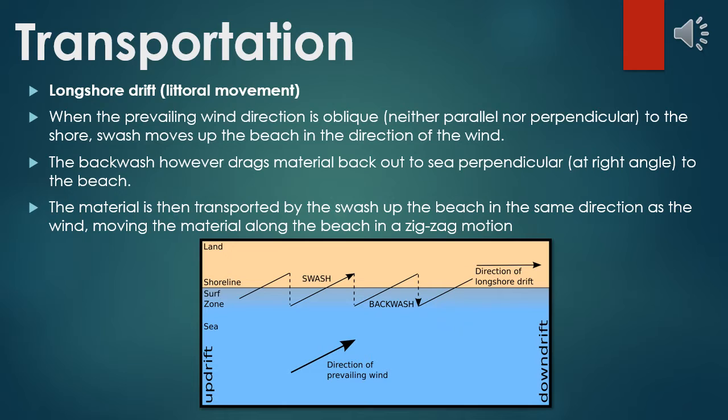The backwash drags it back down the beach at a perpendicular angle, though, and you end up with this zigzaggy movement of material, which is going to move sediment in the direction of the prevailing wind.